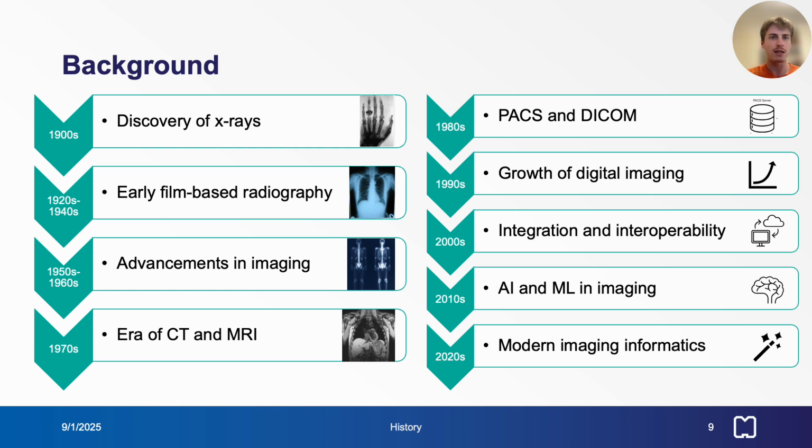The 1980s and 1990s saw the development of PACS and the DICOM standard, enabling digital storage, retrieval, and sharing of imaging data, while the early 2000s brought integration with hospital systems and cloud-based solutions. More recently, the incorporation of AI and cloud technologies has transformed imaging workflows, focusing on automation, interoperability, and advanced analytics.